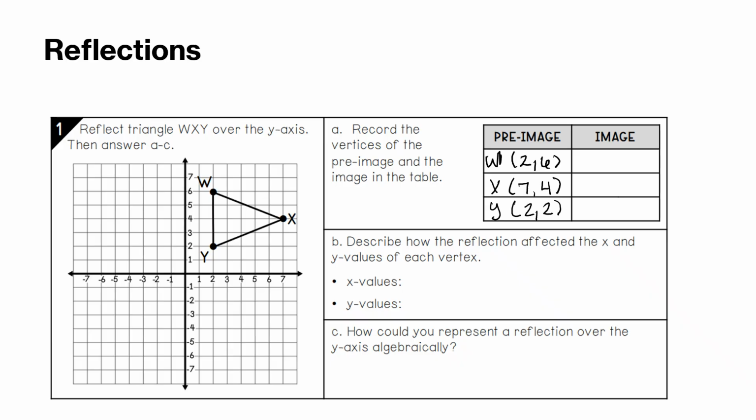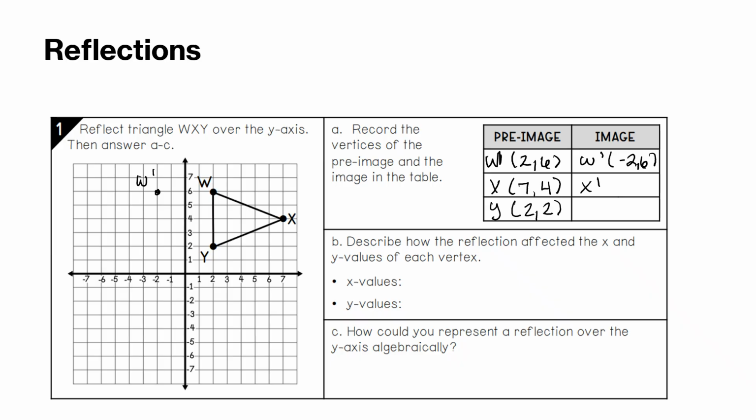So if you're flipping this over the y-axis, it should be on the other side of the y-axis, but an equal distance. So W is 2 to the right, so we're going to make this 2 to the left and call it W prime. So W prime's coordinates are -2, 6.